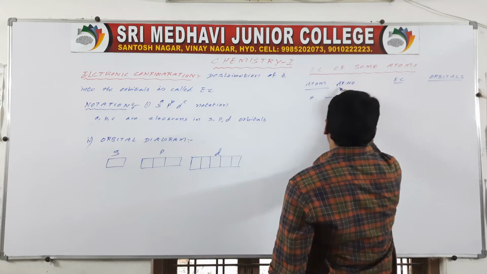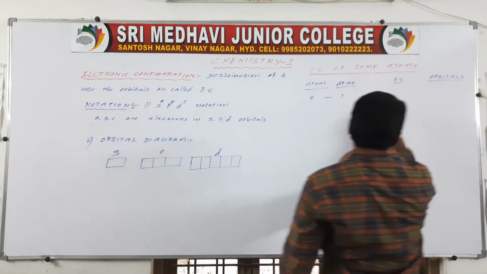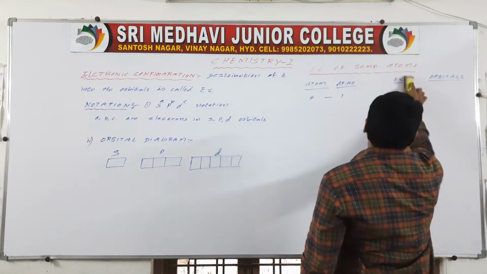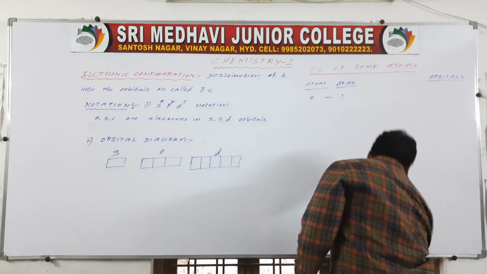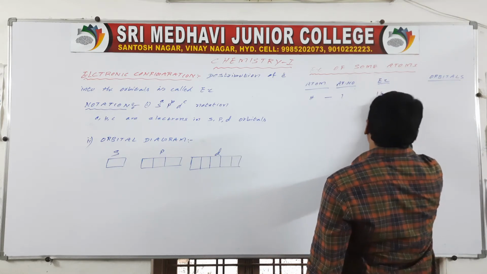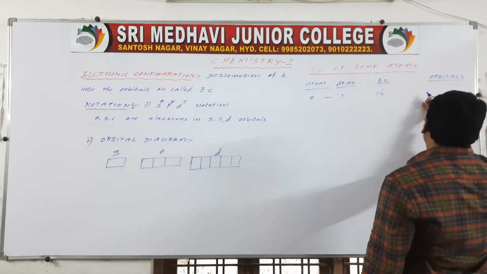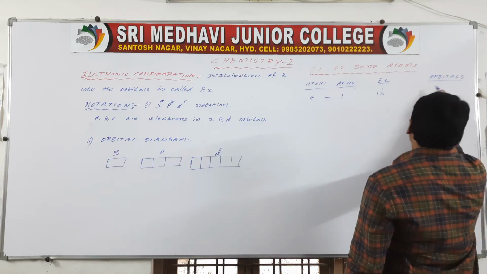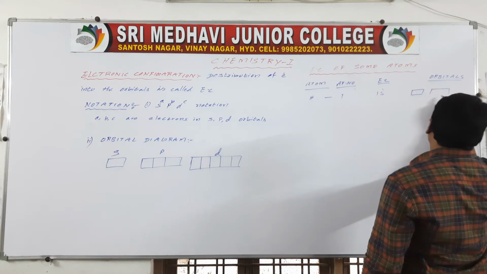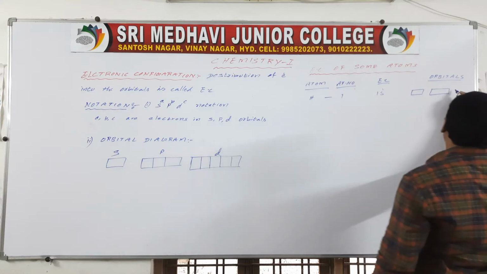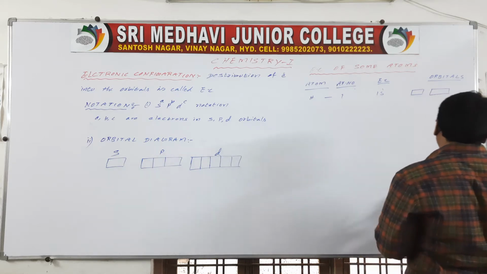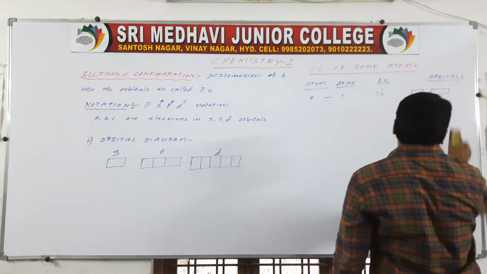Electronic configuration of hydrogen is 1s1.